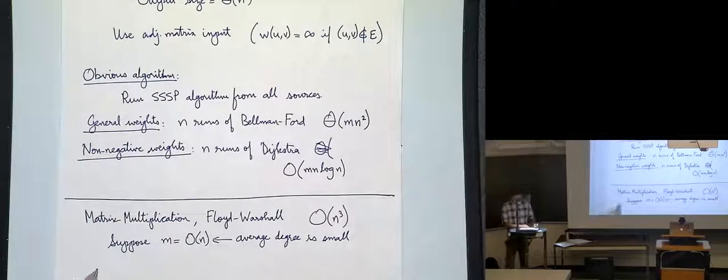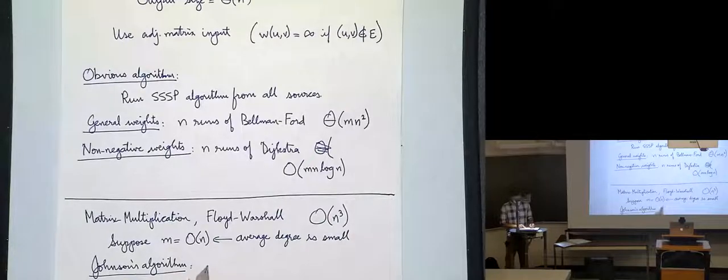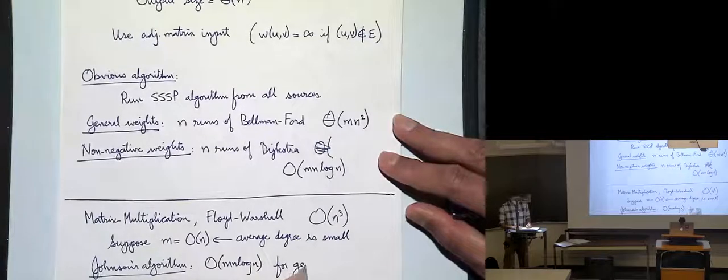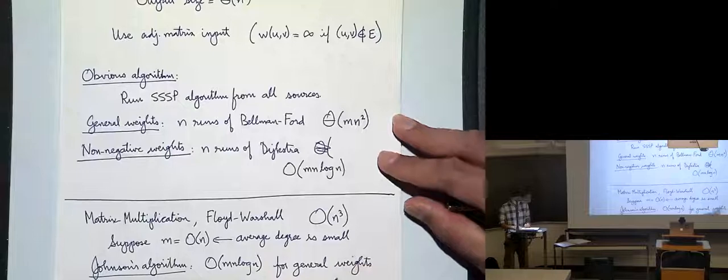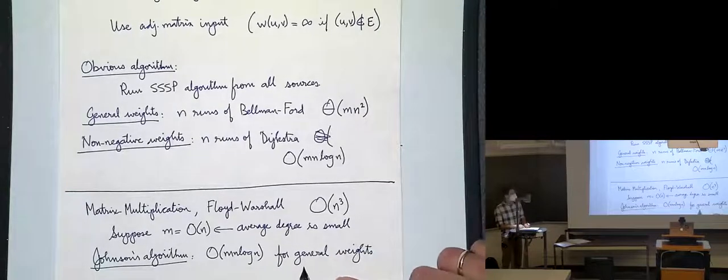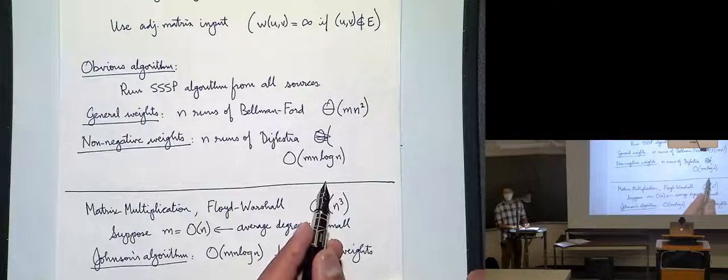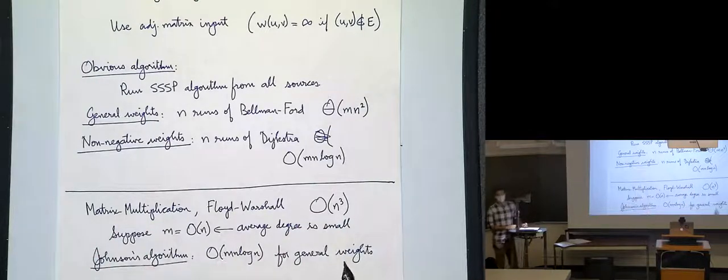So there is something known as Johnson's algorithm, which gives you O of mn log n for general weights. What's nice is it basically gives you whatever Dijkstra can give you, even when weights are general.